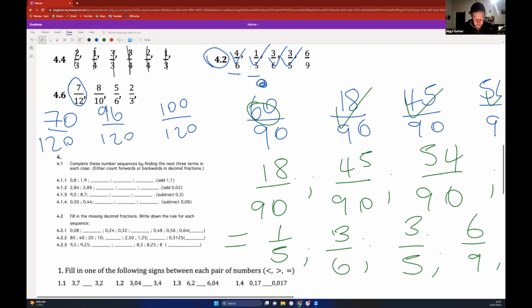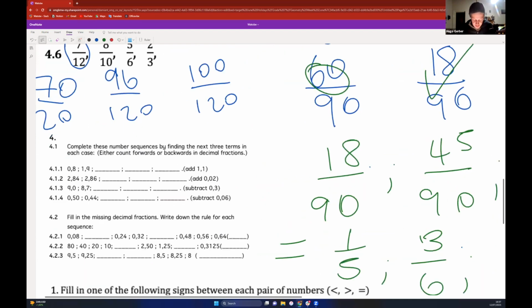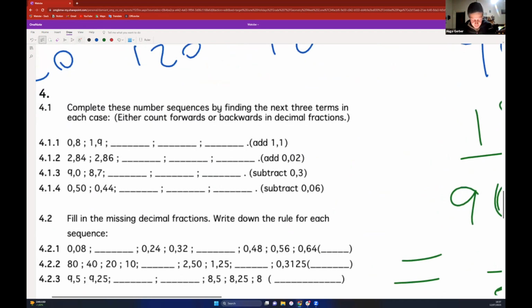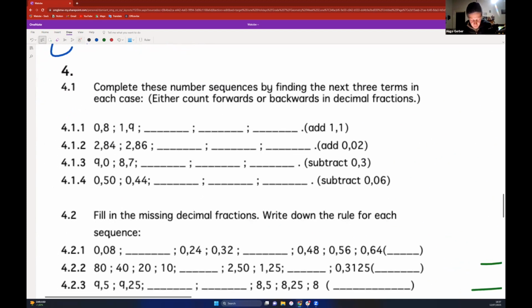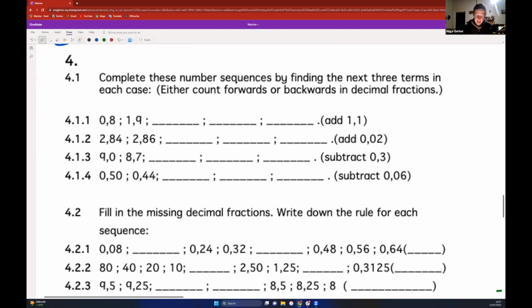All right, let's have a look at, I'm going to zoom in so that it's nice and clear to all of you. Complete these number sequences by finding the next 3 terms in each case. Either count forwards or backwards in decimal fractions.